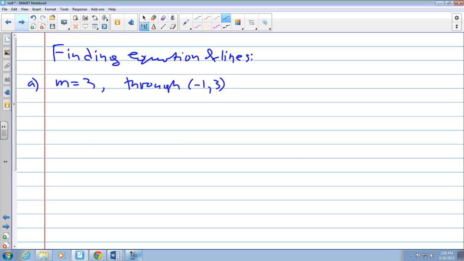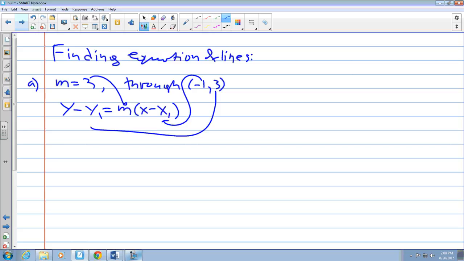So we have all the necessary information to find the equation of that line. I will take point slope form. I like to start with that form and then plug everything in it, right? So I can plug in the slope and I can plug in the point and then simplify.